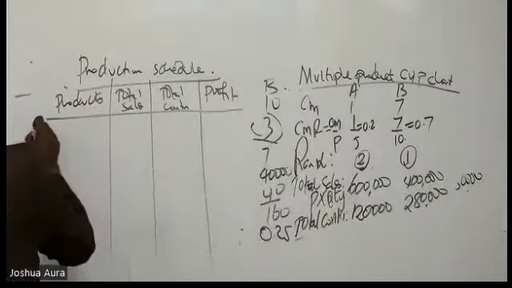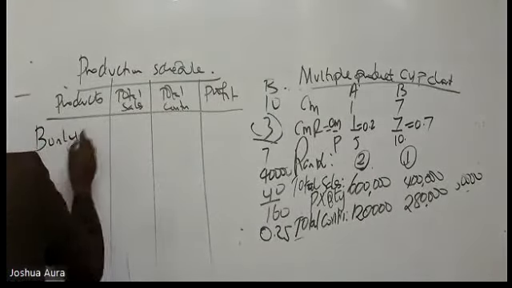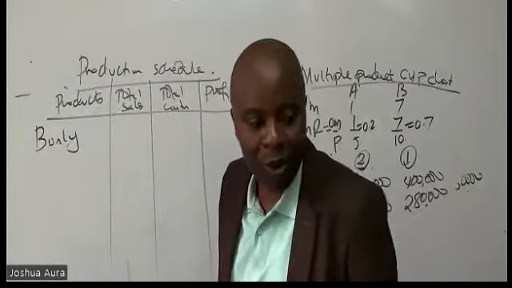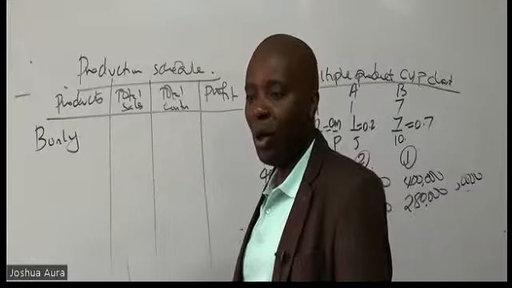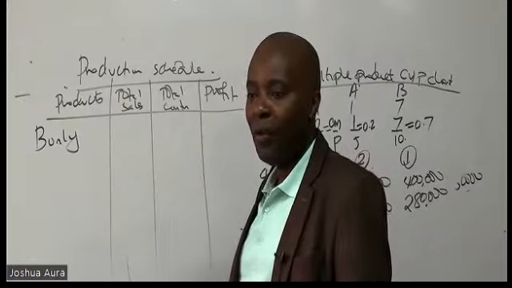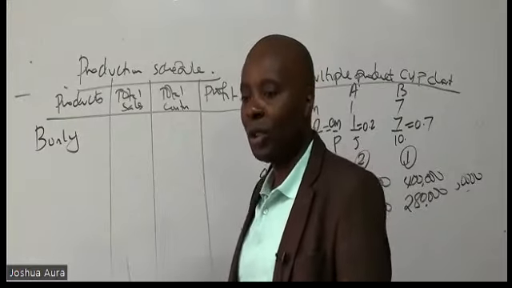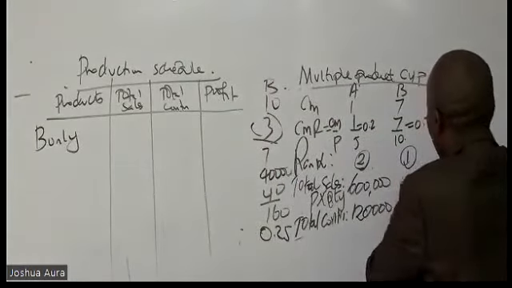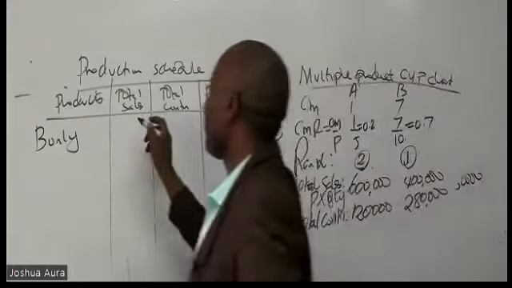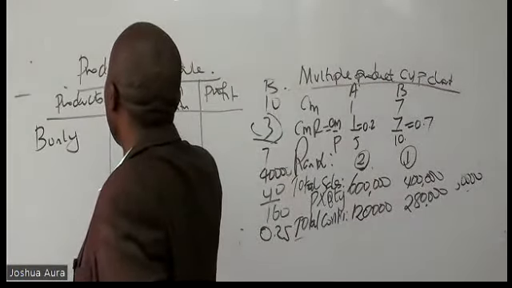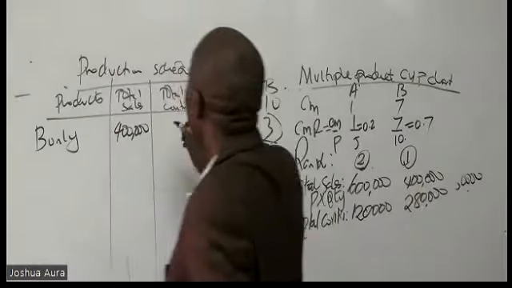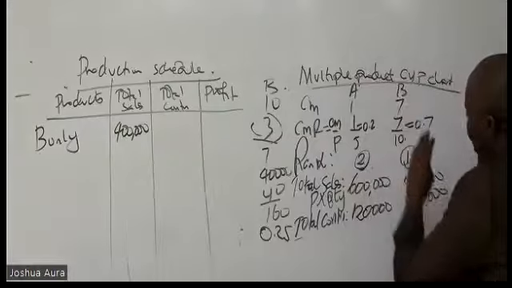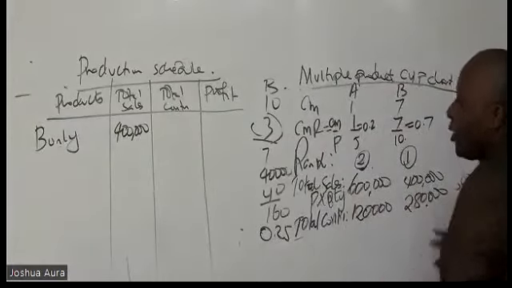If we produce B only, what will be the total sales? The total sales is given here, 400,000. And the total contribution will be given by this, 280,000.